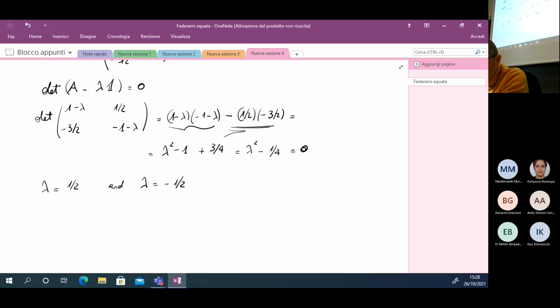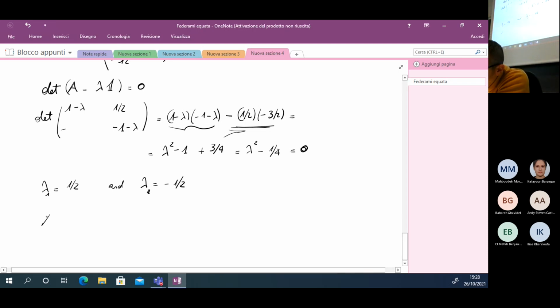Now, what we have to do is to calculate the eigenvectors corresponding to the eigenvalues lambda 1 and lambda 2. How do we calculate the eigenvectors?